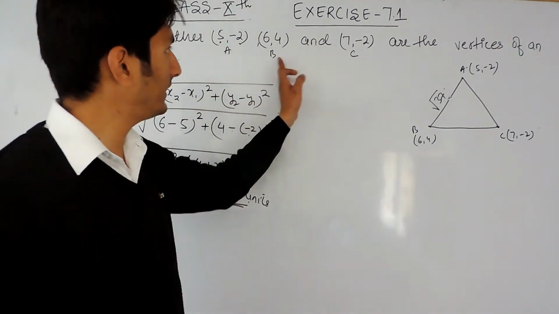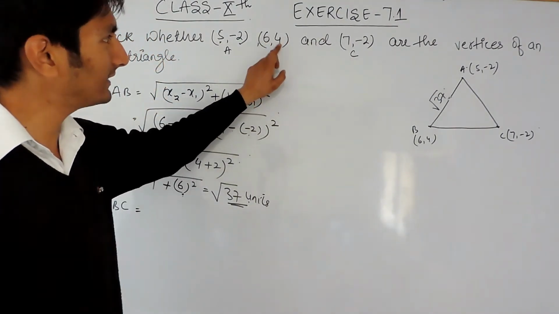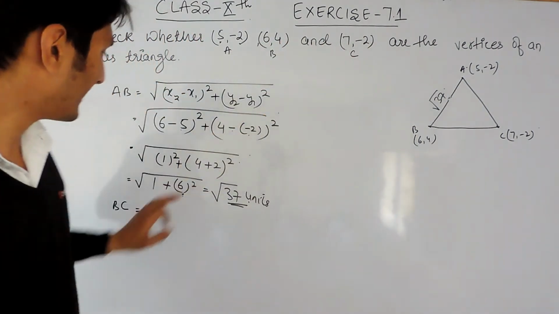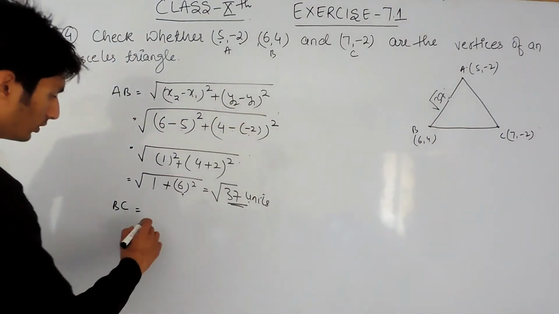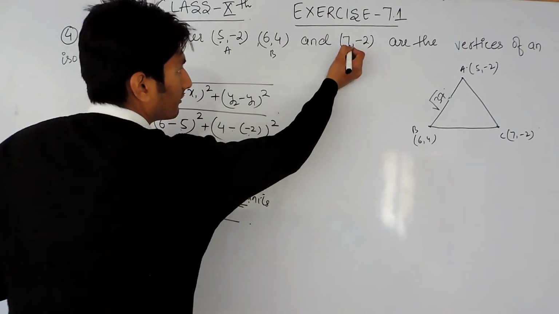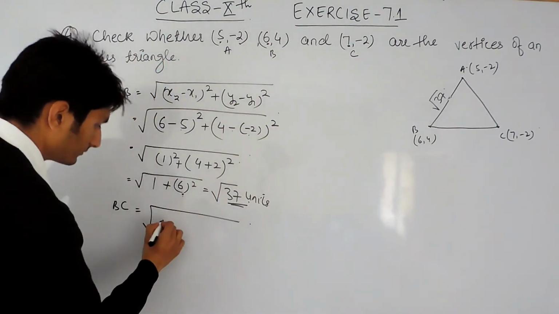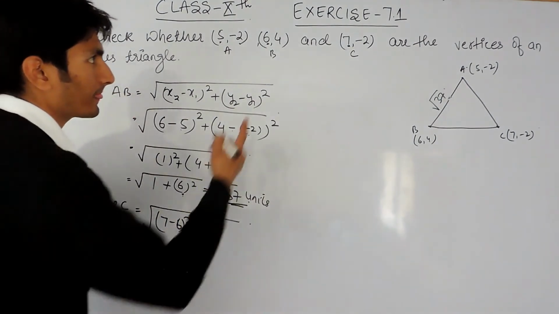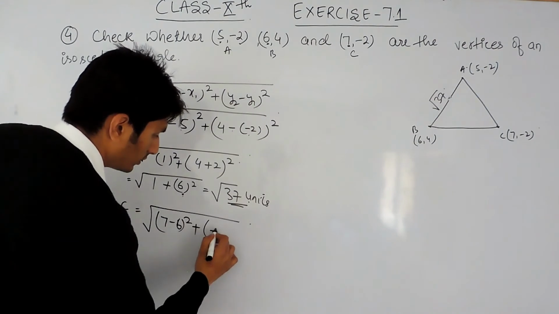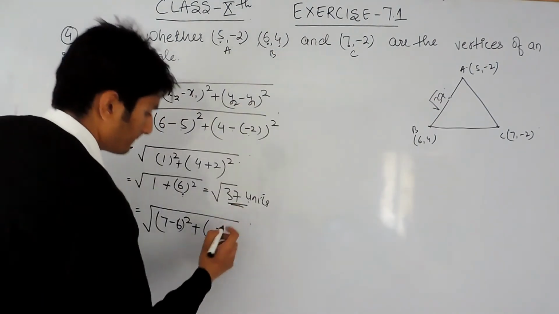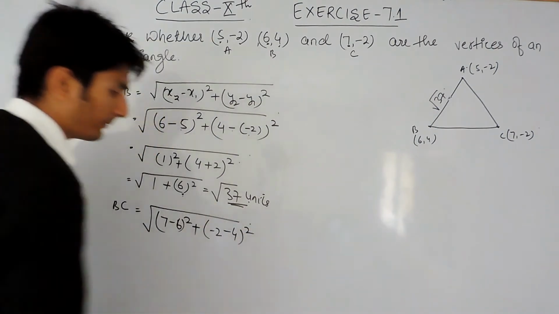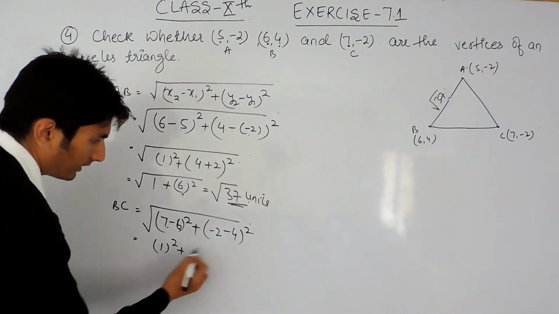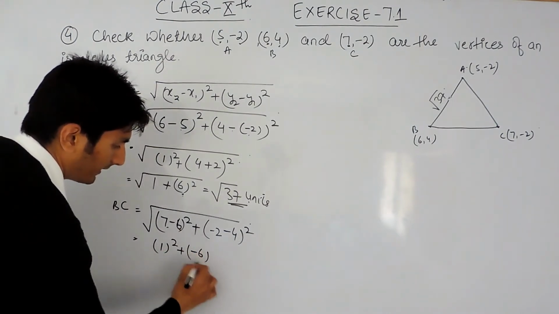Now similarly, let's find the distance between BC. For these 2 points, consider this as x1, y1, and this as x2, y2. Again I have to use the same formula, so the distance between BC will be 7 minus 6 whole square plus y2 minus y1, so it should be minus 2 minus 4, so it should be 1 square, and minus 6 square.